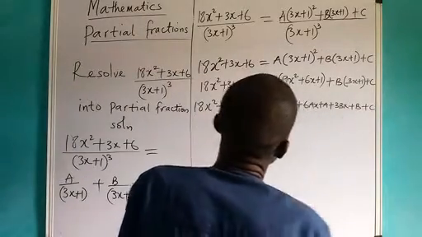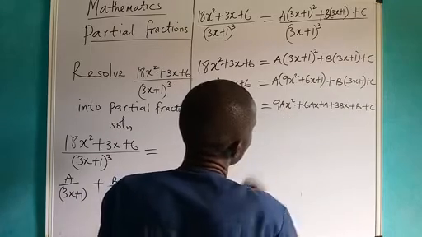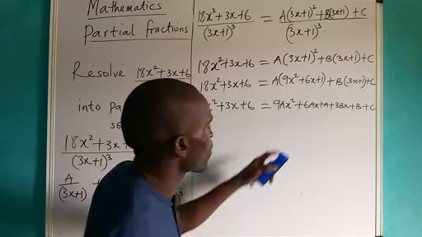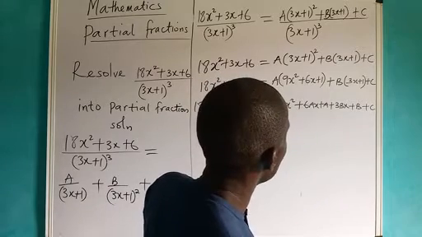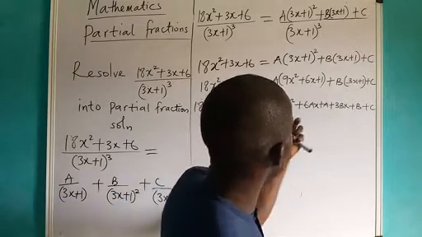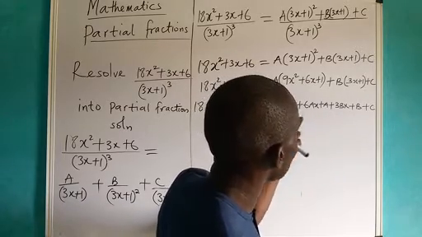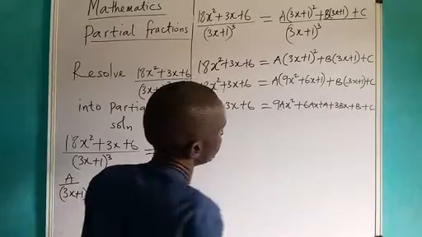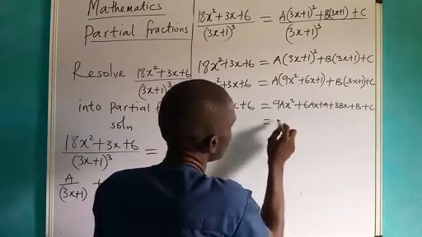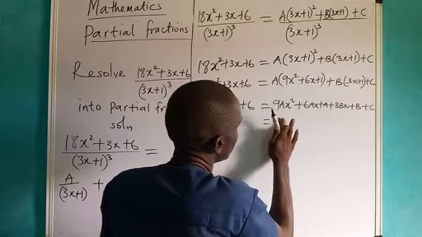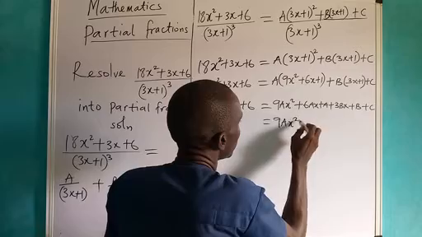I have obtained this. It means that this one, 9as squared, has the highest power. I can bring like terms together, but there is nothing with the same like terms as this, so 9as squared will be standing alone.